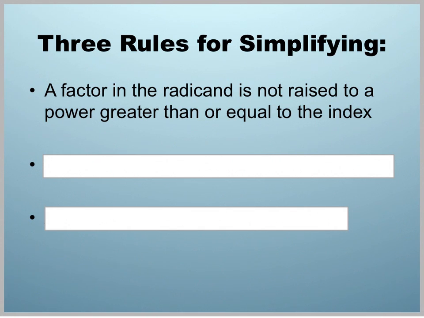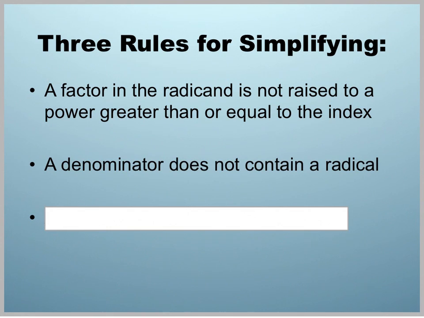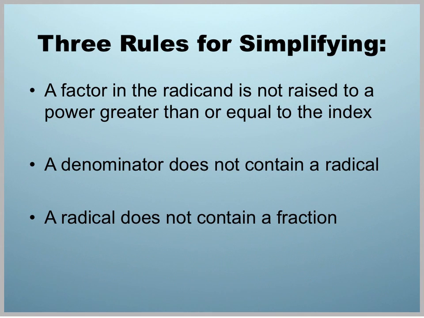The second rule is saying a denominator does not contain a radical. So that's basically saying you cannot leave a radical in the denominator. And then our last one is saying a radical does not contain a fraction. So that's similar to the second rule that we just went over. We have to split that radical up and then rationalize the denominator to get rid of that radical.